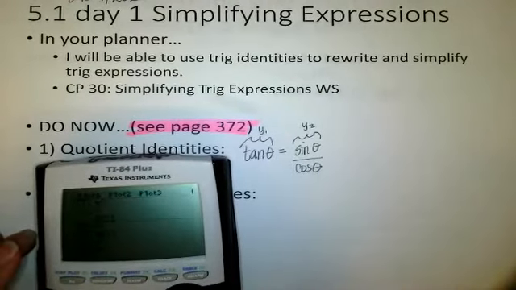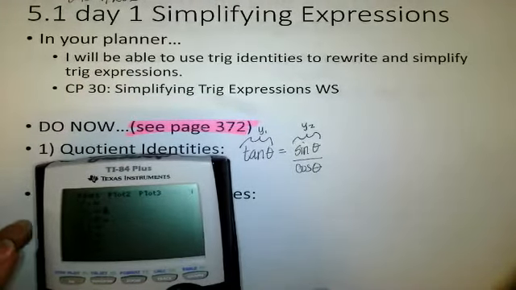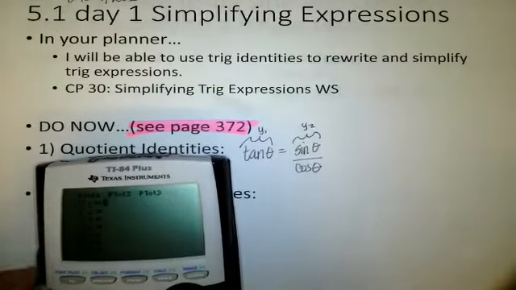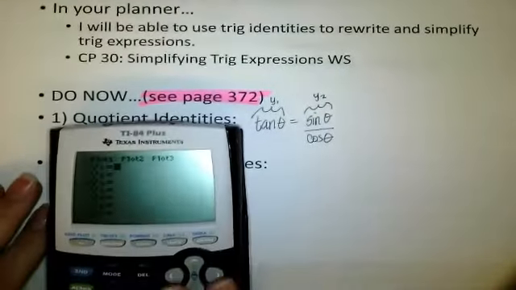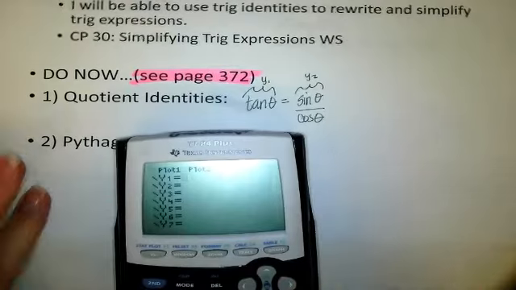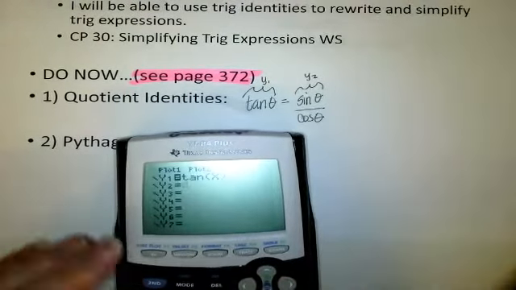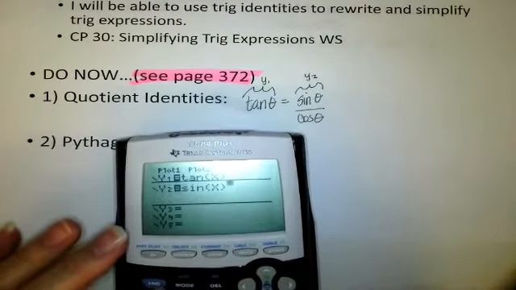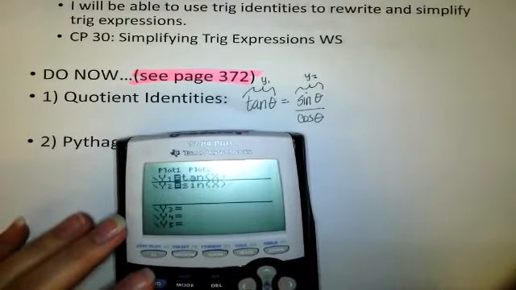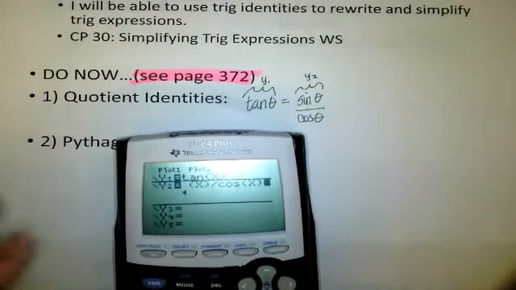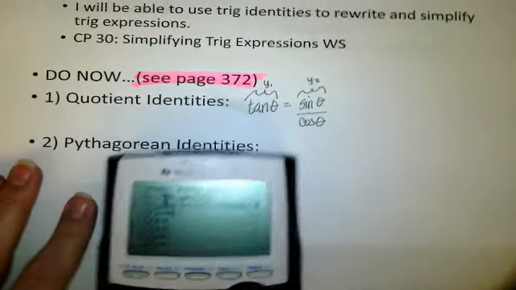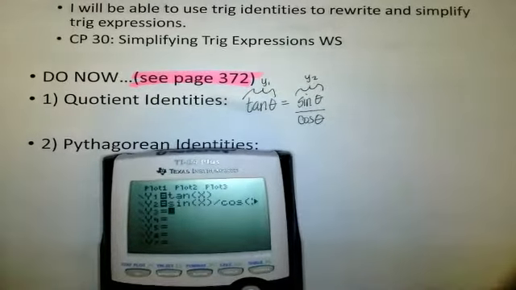So what I'm going to do is put tangent of x in y1, and then sine of x divided by cosine of x in y2, and what should we see? They should be the same graph.